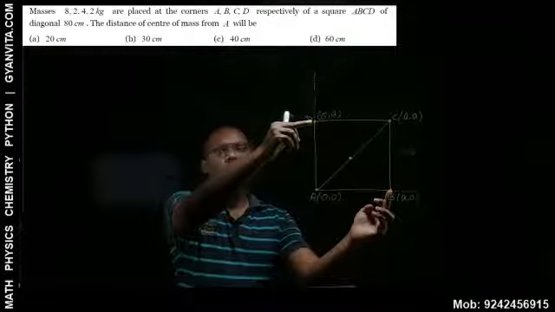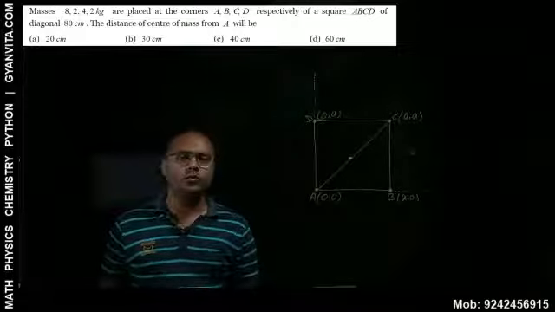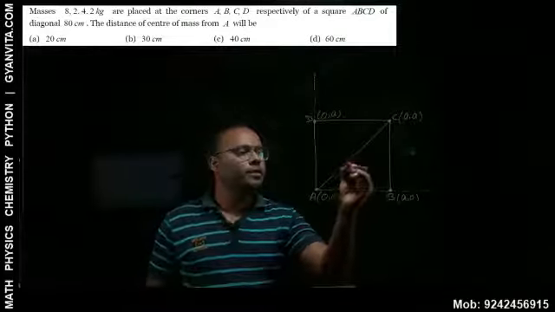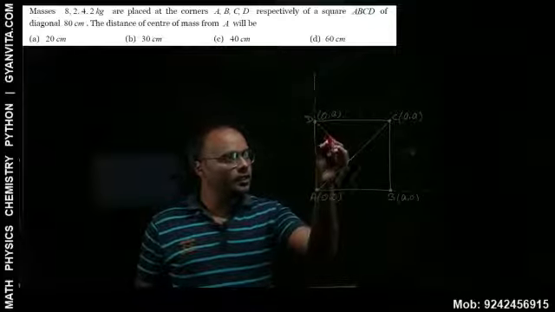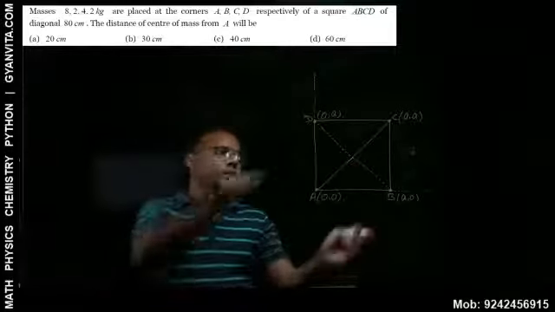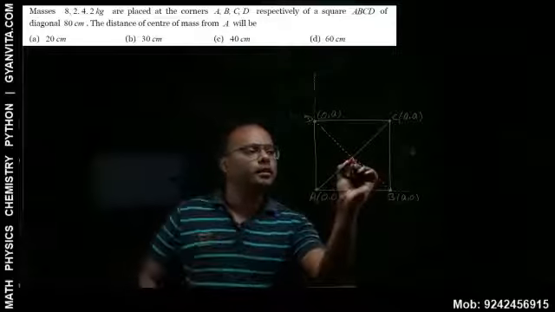B and D have the same mass, 2 kg and 2 kg. That means their center of mass will be at the center. If you join these, these are the two diagonals. So the center of mass of B and D will be at this position.